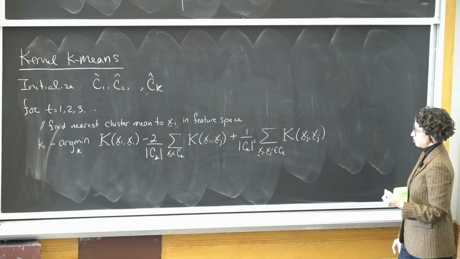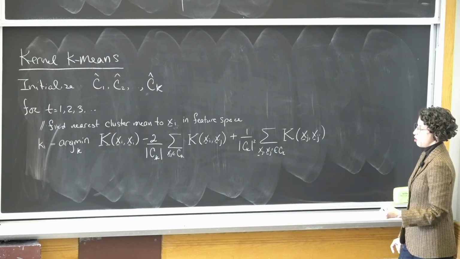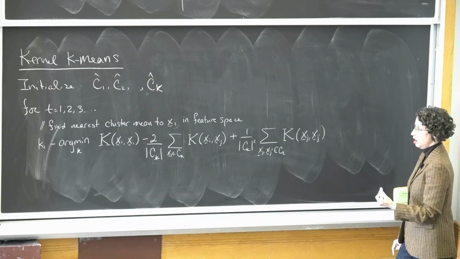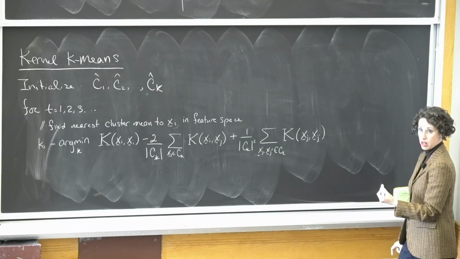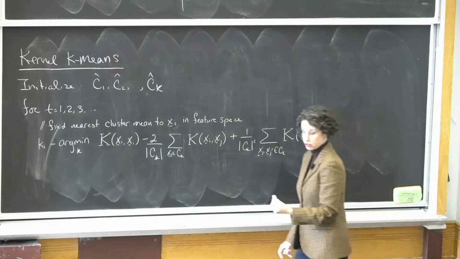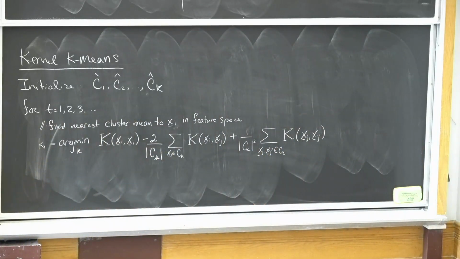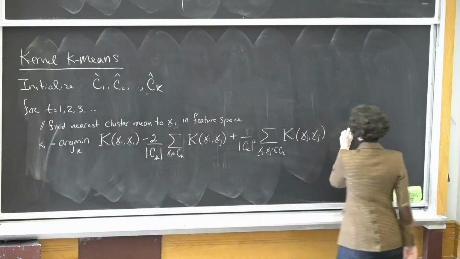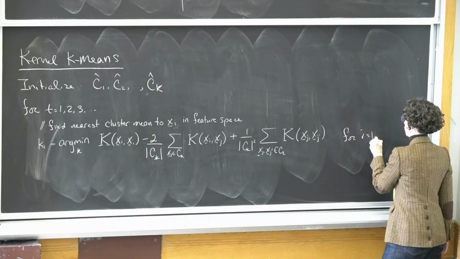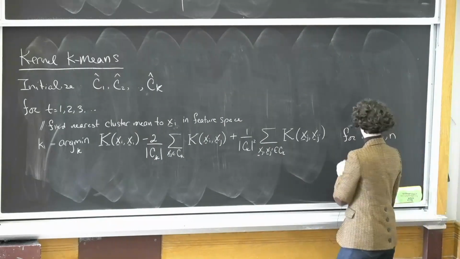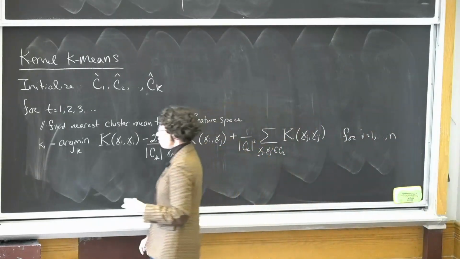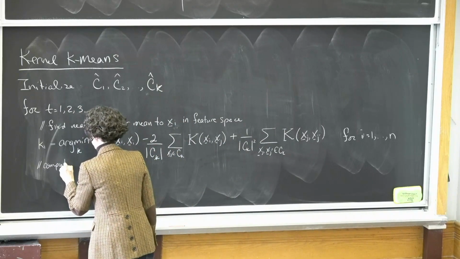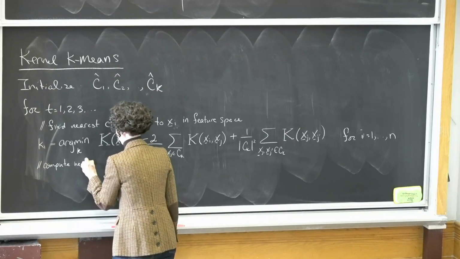So I'm going to use my kernel function to figure out which cluster is the best fit, or is closest, to my sample xi in this high dimensional feature space. Once I've done this for i equals 1 to n, so I do this for all of my samples, I need to compute my new cluster assignments.